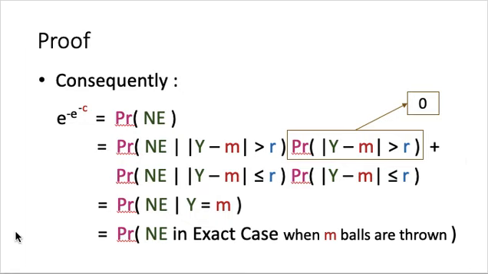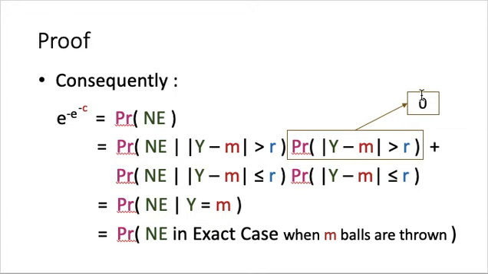So in that case, we will have the probability of no empty bins is equal to the sum of these two things. But now we are assuming that the two bounds are correct. So this comes from the first bound. There is no chance for Y to be greater than r from the mean value.